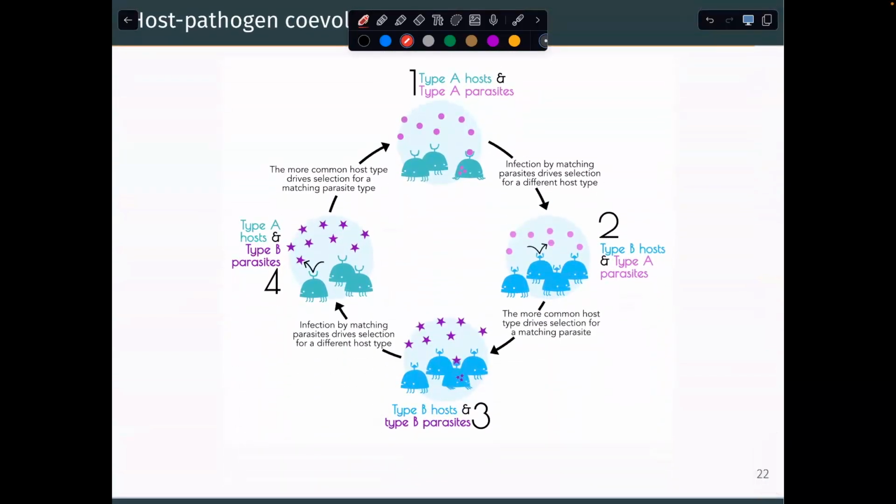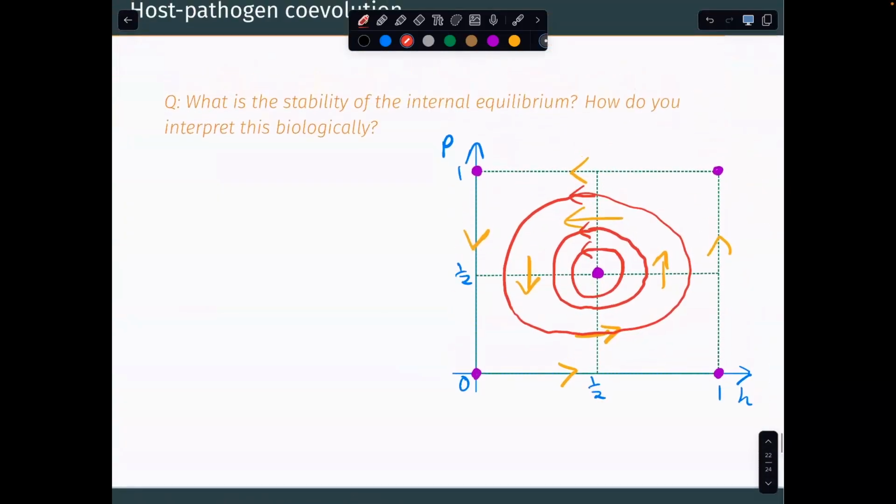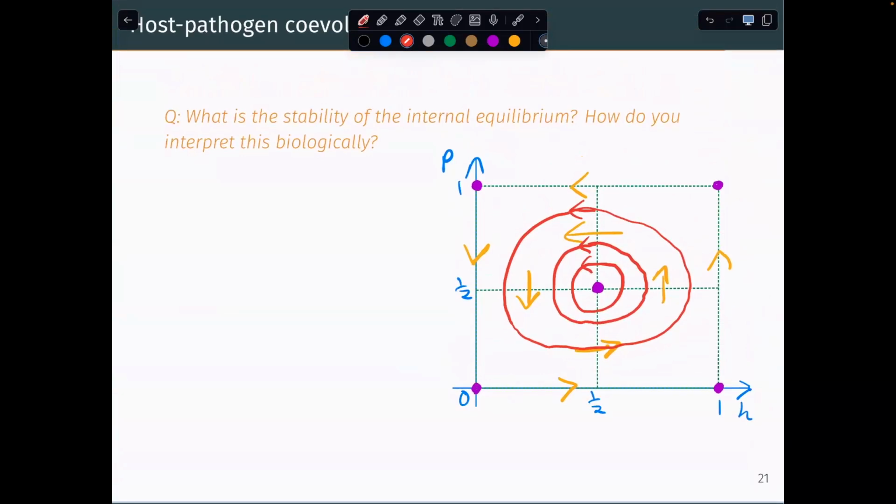Yes. So one is, doesn't this violate our separation of time scales assumption? Because we're assuming that one mutation in either host or pathogen happens and it comes to fixation. Let me stop you there. So we're not dealing with adaptive dynamics now. We've moved back to population genetics.